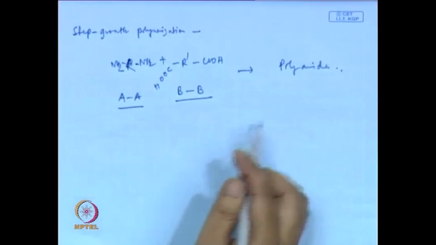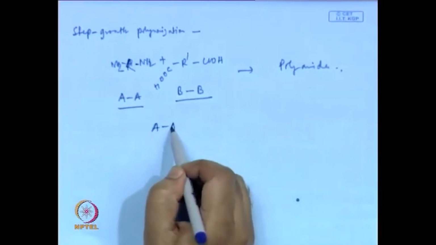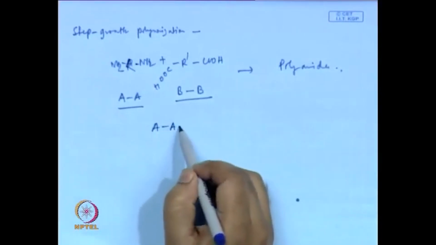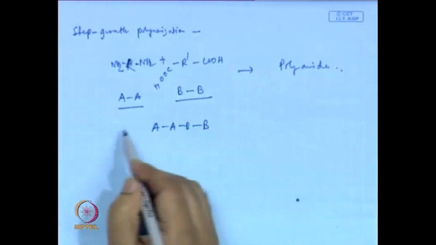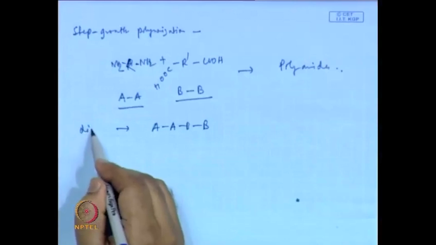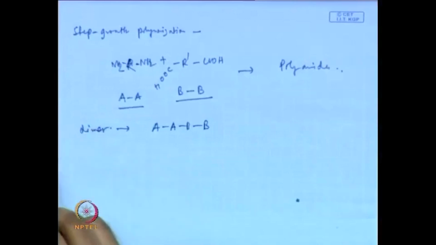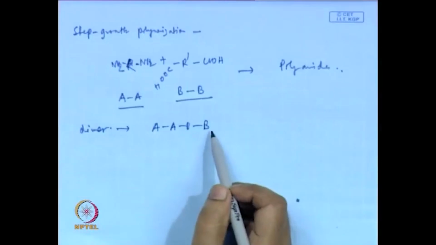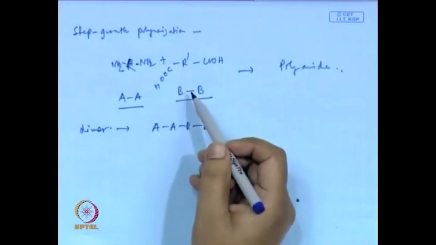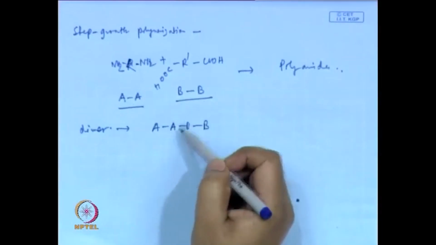How do you form polymer? First, two monomers will react and form a species like this. So, this is a dimer. Now, this dimer has a choice of reacting with itself or with either of the two monomers.